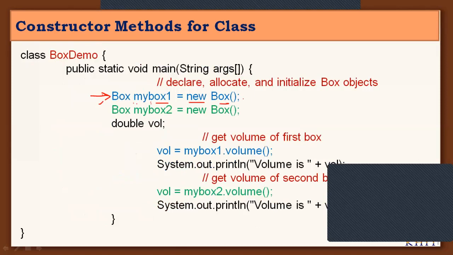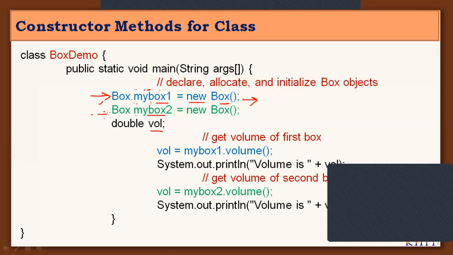By executing this statement, the memory is created for this object called mybox1. In the same way, I have created another object, mybox2, and one double variable, volume, which holds the volume of the box returned by these objects.